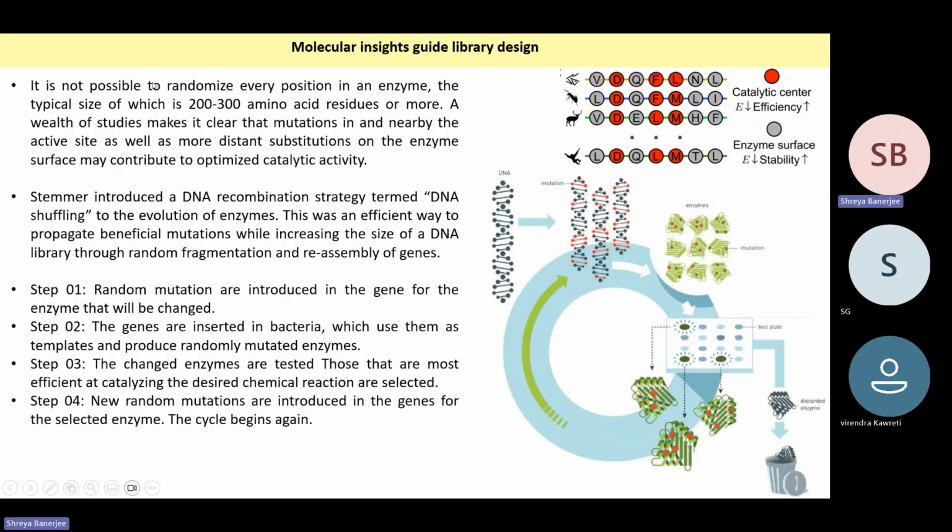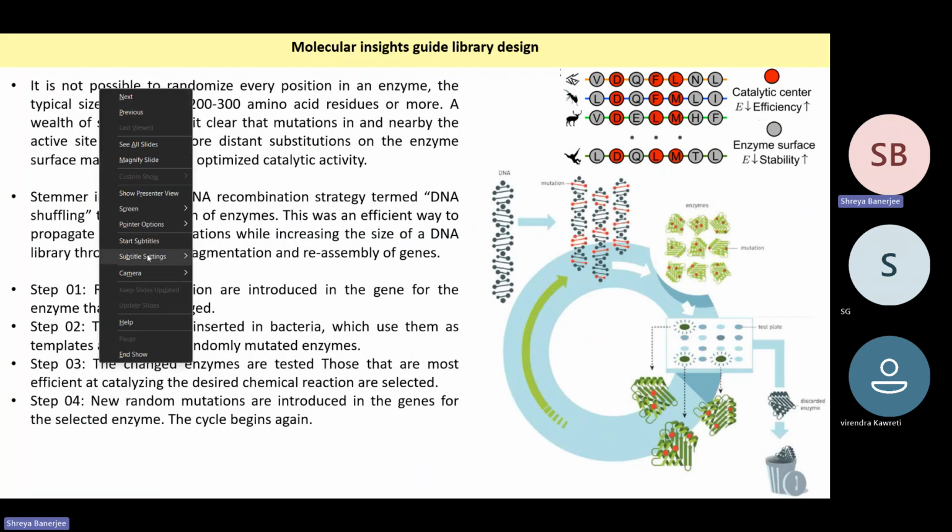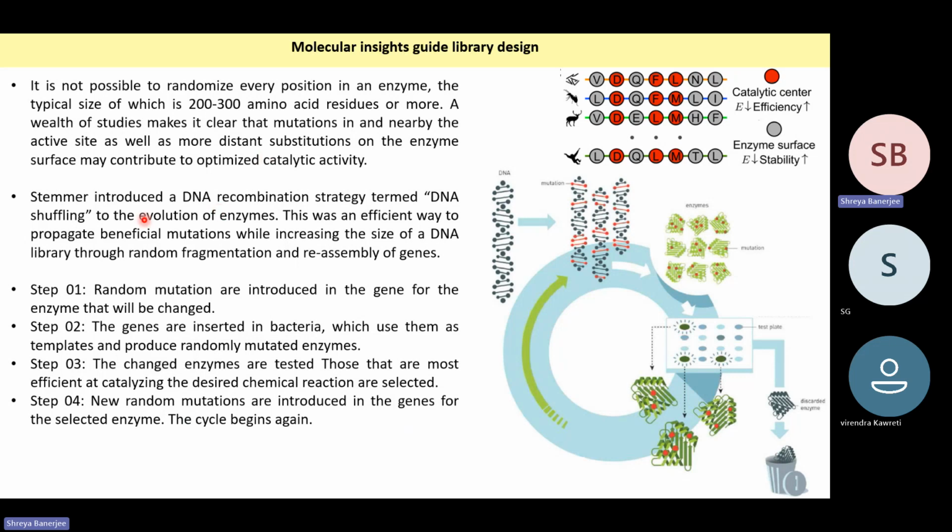Now, while designing these mutated proteins, there are some insights which help. It is not possible to randomize every position in an enzyme. The typical size of an enzyme is 200 to 300 amino acid residues. And we know if we randomly mutate each position, it will be a huge number of sequences which cannot be studied.